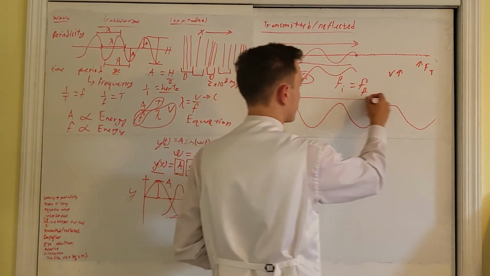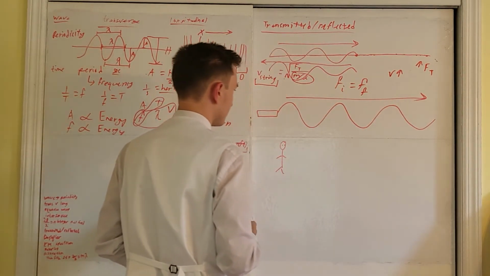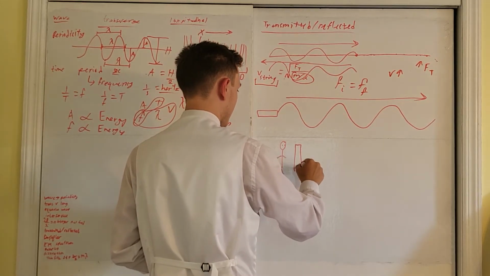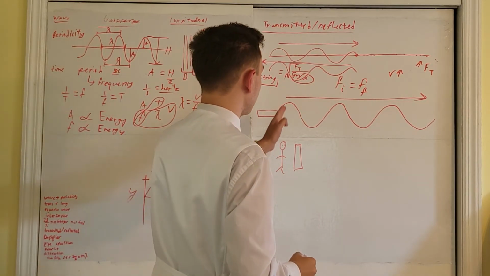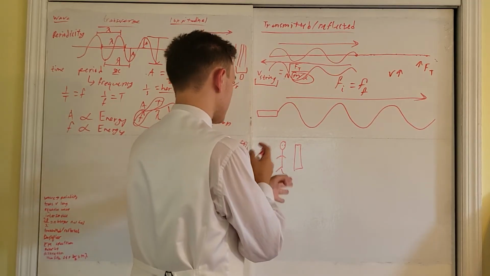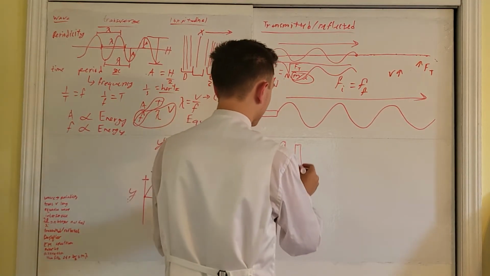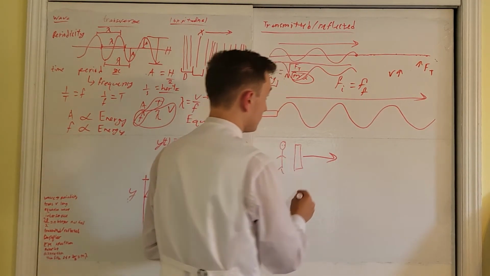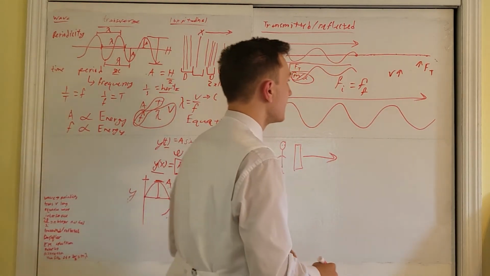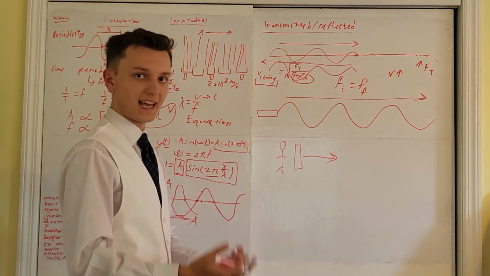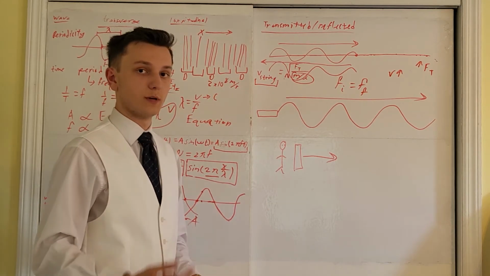Since the light is traveling in this direction, in reference to a stationary measuring device, we know that the frequency is some amount, okay? However, if the measuring device is also moving in the same direction, then the measured frequency will be less because of the way in which we measure frequency.